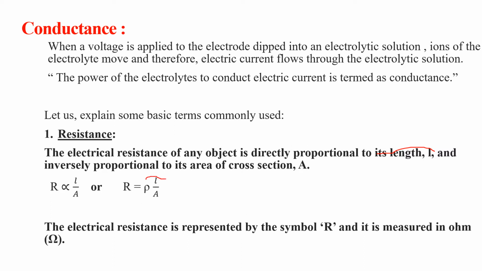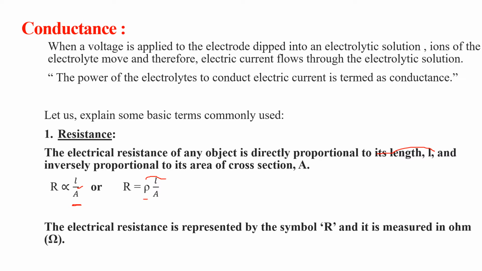So by this definition, the resistance, which is denoted by R, will be directly proportional to length L and inversely proportional to area of cross section A. So R is proportional to L upon A. On replacing the proportionality sign, a constant will be there, known as rho.